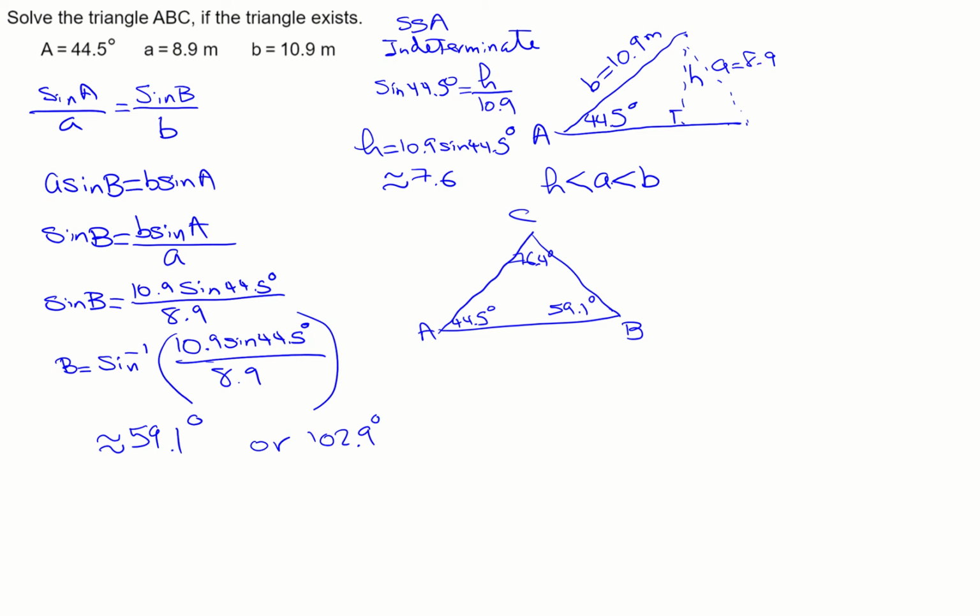That's one possible triangle, and we have another one where the angle B is going to be actually larger than 90. So it's the one where, as we mentioned, it's going to swing this way, the side opposite angle A. So this time we have an angle looking like that.